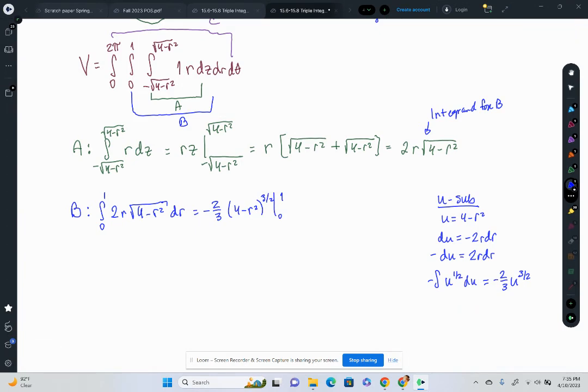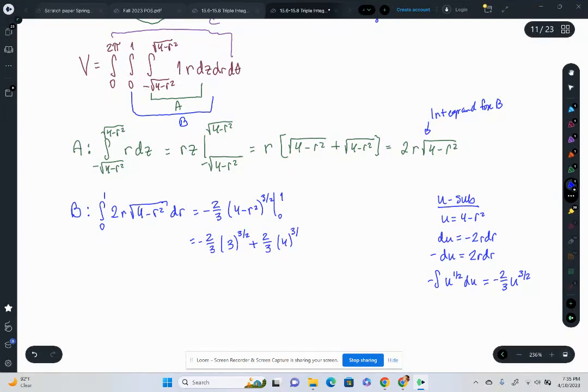Okay, evaluating at 1, first we get negative 2/3 times 4 minus 1 squared is 3 to the 3/2, minus a negative, so it'll be plus 2/3. 4 minus 0 is just 4, so I have 4 to the 3/2. This simplifies. 3 to the 3/2 is 3 square root of 3.